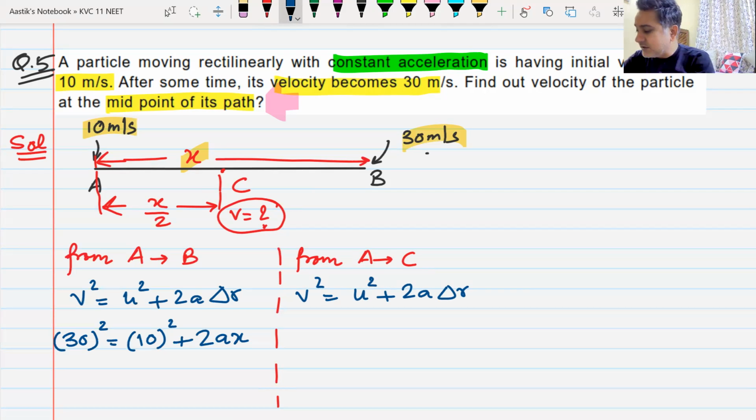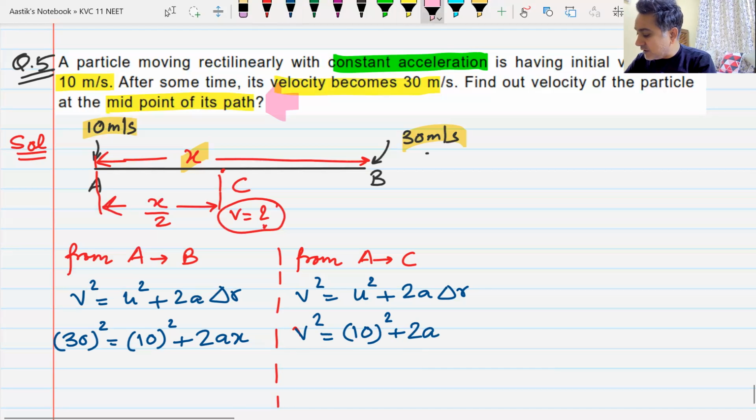I don't know that, so I'll just call it V. V square is equal to initial velocity, the velocity at A, which is 10 meter per second, so I write it as 10 square plus 2 times a. The displacement here is x by 2. Yes or no?